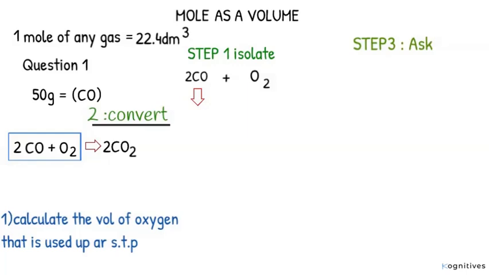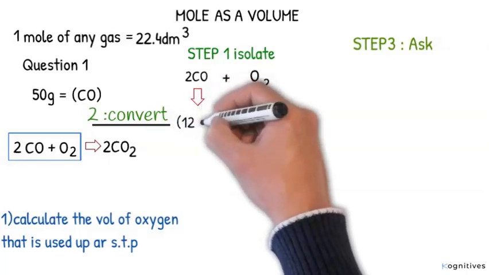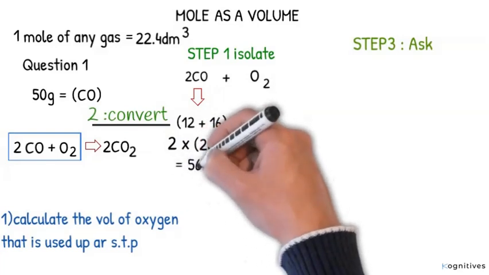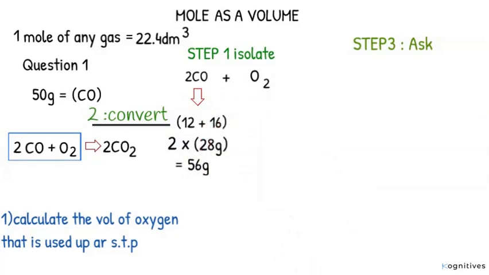I have to calculate that 1 mole of carbon has a mass of 12 grams plus the 16 grams of an oxygen atom, and that will give me 28 grams. So carbon monoxide on its own has a molecular mass of 28 grams, but I have 2 moles of carbon monoxide. So 2 times 28 gives me 56 grams. Hence, I have 56 grams of carbon monoxide in the question.